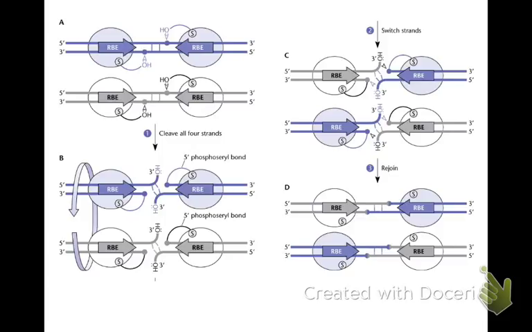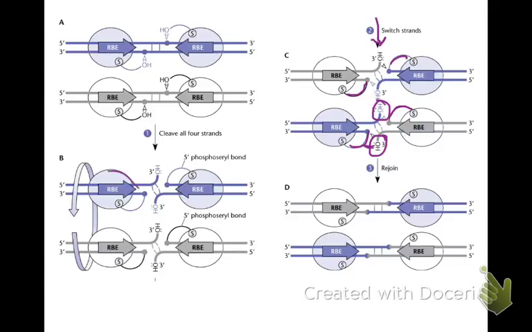And now that we've switched these strands, we're up here, and of course we've preserved these phosphoserine bonds. We still have 4 of those. Flipping the DNA didn't affect that. And now these OH groups, the 3' OHs on the DNA, can now attack that bond.